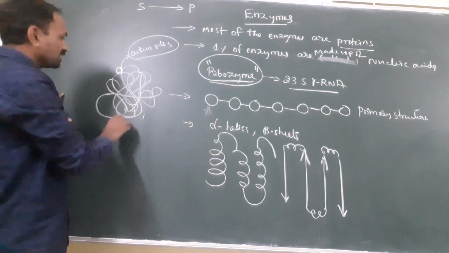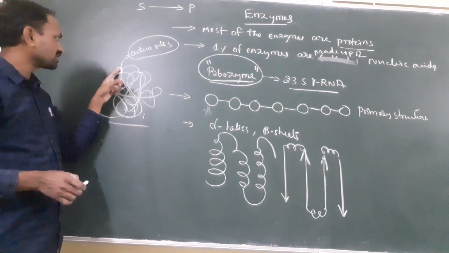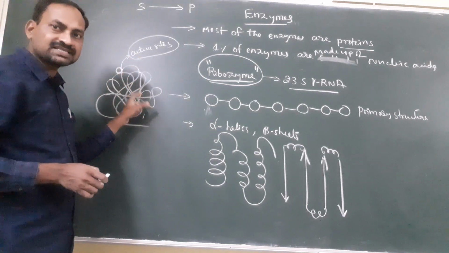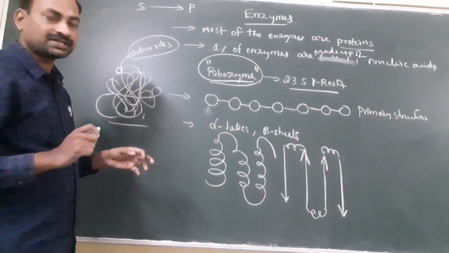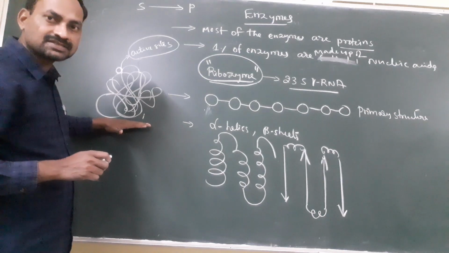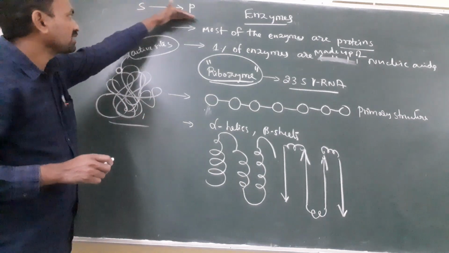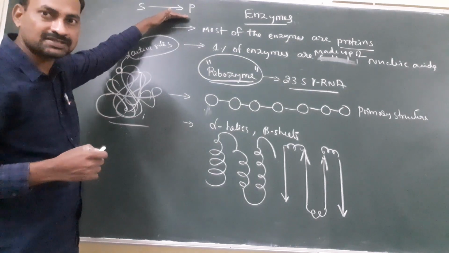But in enzyme catalyzed reactions also, after binding of the substrate to the active site, the enzyme converts the substrate into product. So enzyme catalyzed reaction is similar to a chemical reaction in certain conditions.